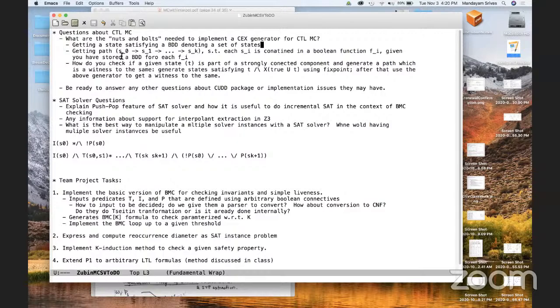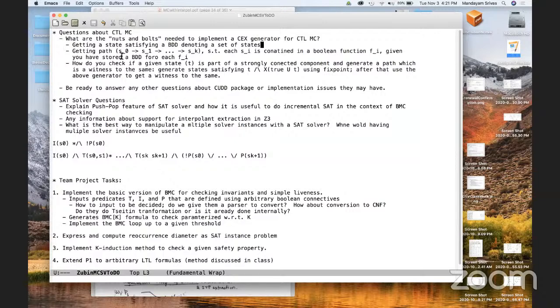Correct, you start with false, which is the empty set.